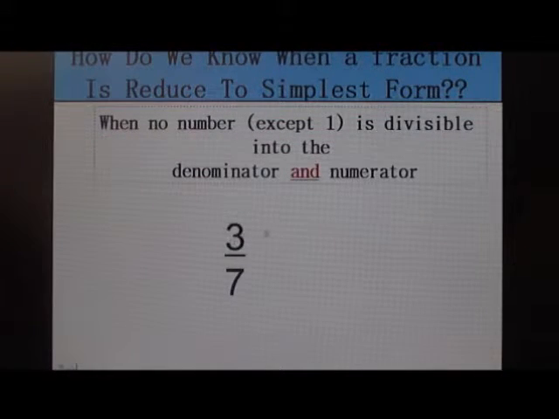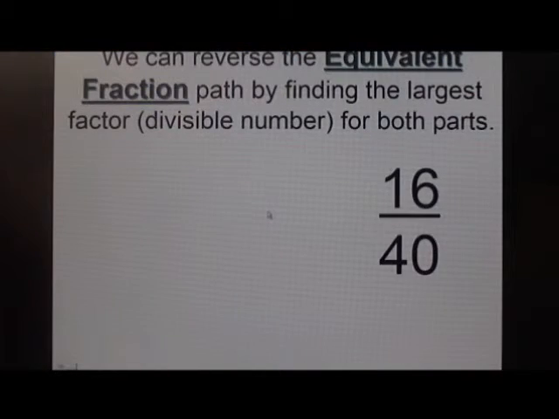Remember, when we divide, we break numbers down into a smaller form. 1 doesn't make any difference because 1 is a common factor and divisible into all numbers, but when you do it, the numbers stay the same. So if you could divide these numbers by 1 all day, you're still going to have them remain 3/7. So that's how we know when we're in the simplest form of a fraction.